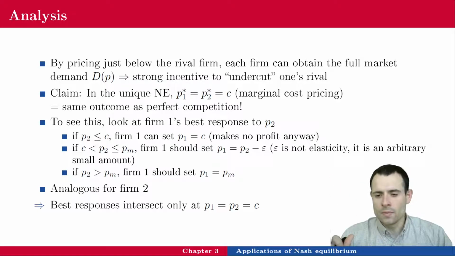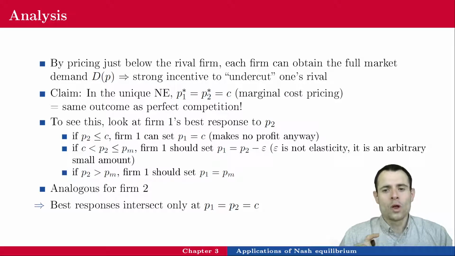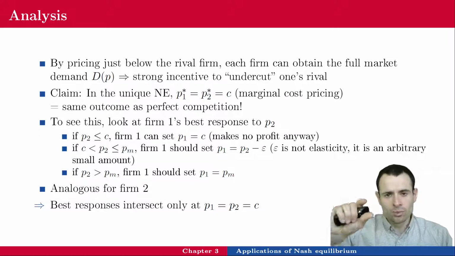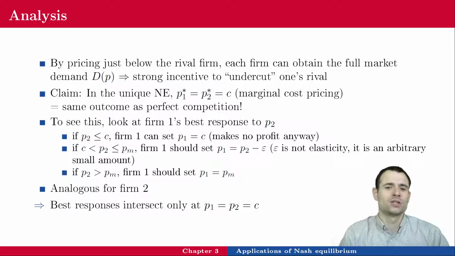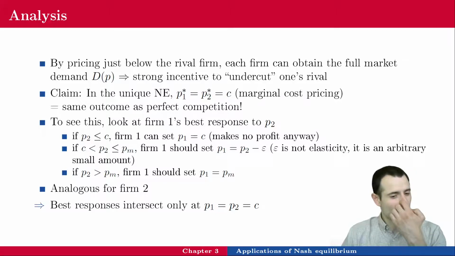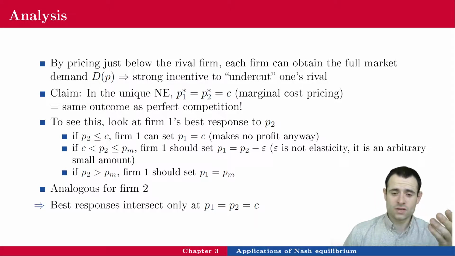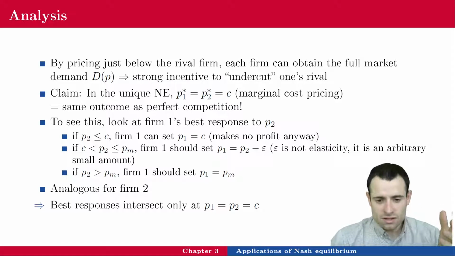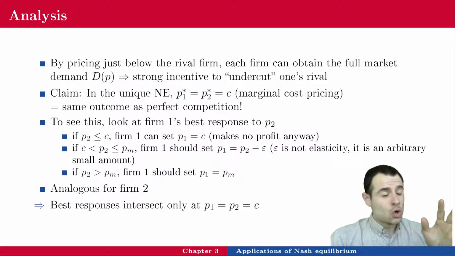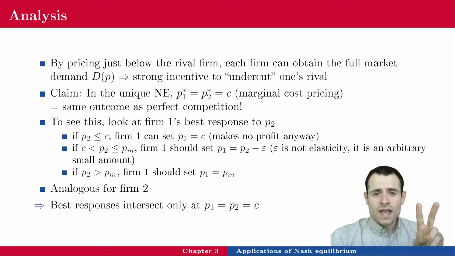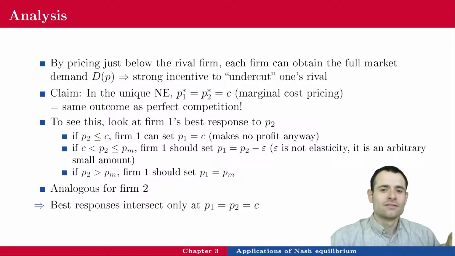If we all assume and know that we are rational, we are both going to do this thought process in our head, and we are both going to reach the same conclusion: price equals marginal cost. It's interesting, because this means that if firms compete in prices, you only need two firms, and it's as if they were in perfect competition. It's a very powerful insight.